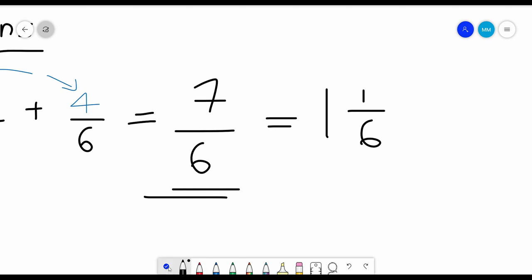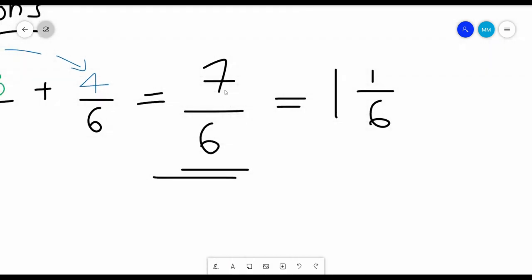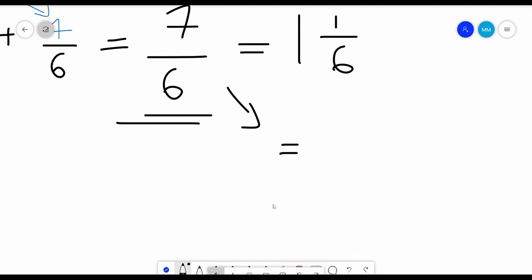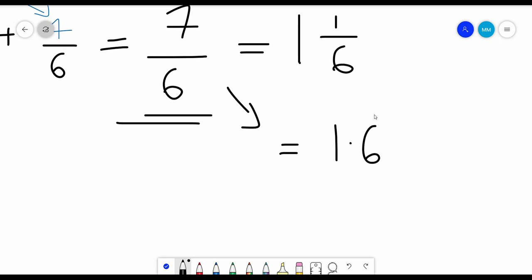You could, if you wished, convert this top-heavy fraction to a decimal. So you could have said equals and then do 7 divided by 6, which would have ended up with a very odd number. It will be, if memory serves, 1 point, no, it won't be 1.6, it will be 1.16 recurring.